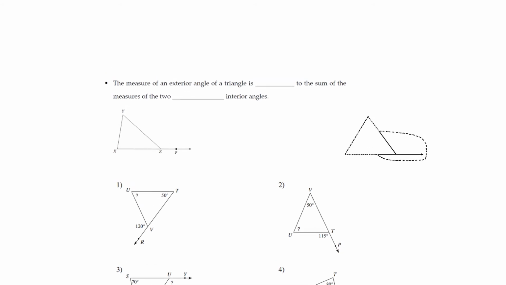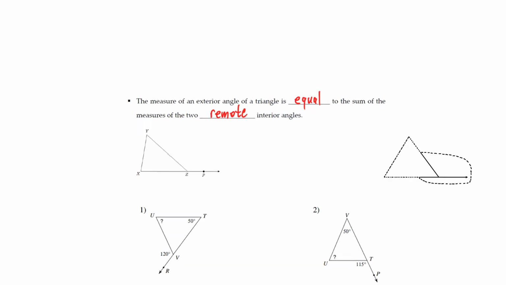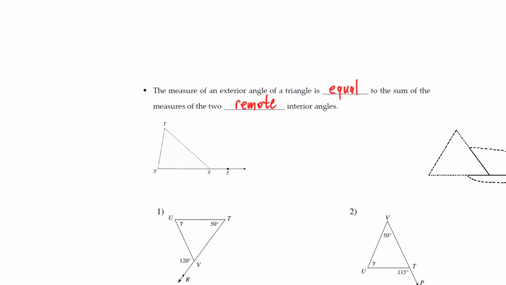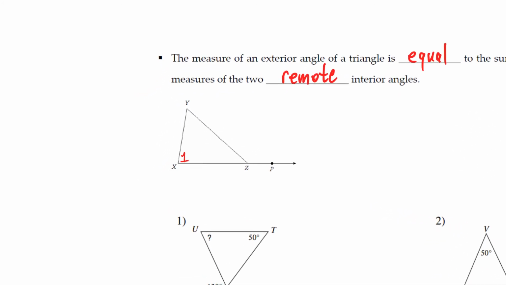Okay, on the back, so this is like the second little thing that we did yesterday. The measure of an exterior angle of a triangle is equal to the sum of the two remote interior angles. If you remember yesterday, we numbered these 1, 2, 3, 4.